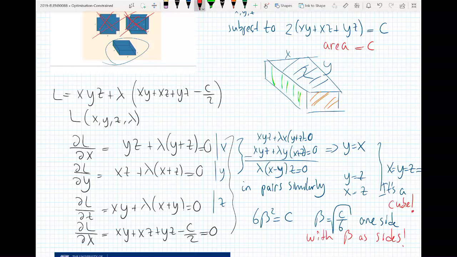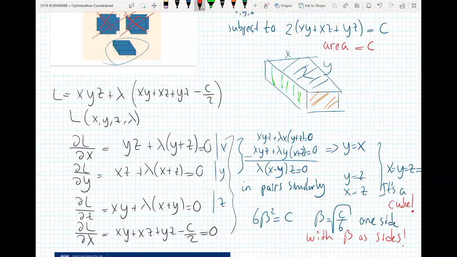So, whatever. You see, this is very algebraic. The whole geometric interpretation is nice and so on, but how you use the Lagrangian is very algebraic. You write the Lagrangian as the objective plus lambda times the equality constraint, then you just apply the first order necessary condition. In the unconstrained case, you were taking the gradient of the objective function and equating it to 0.